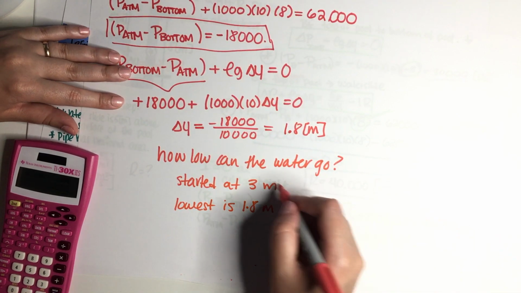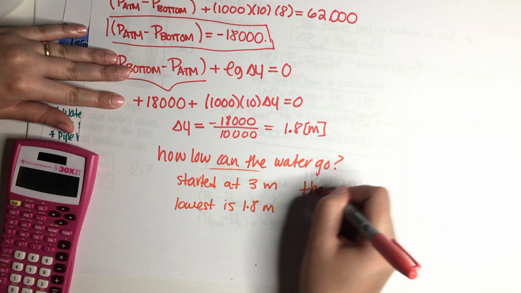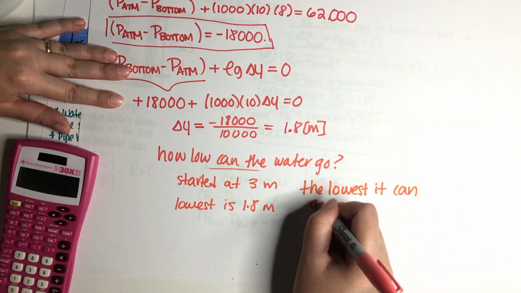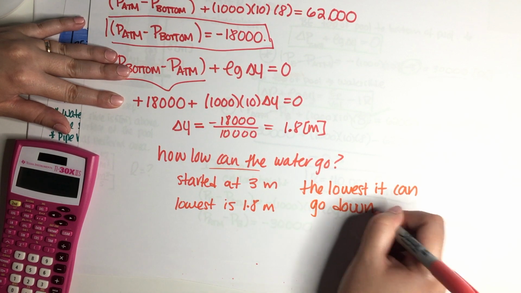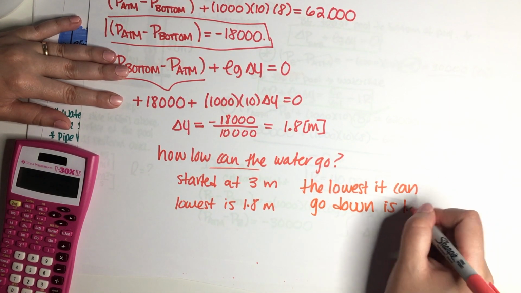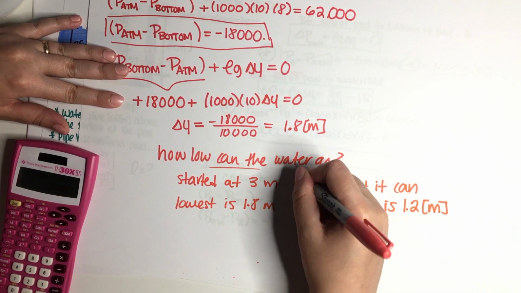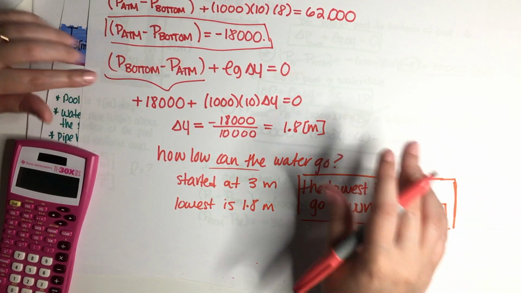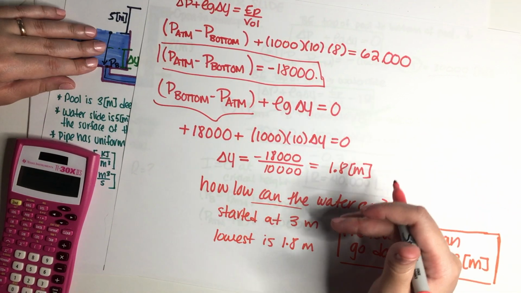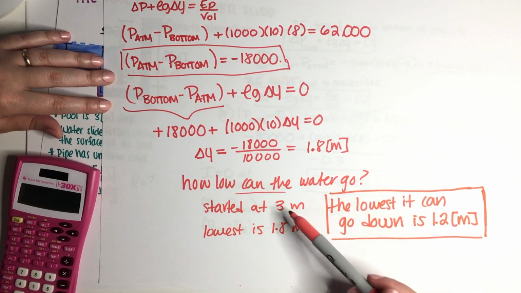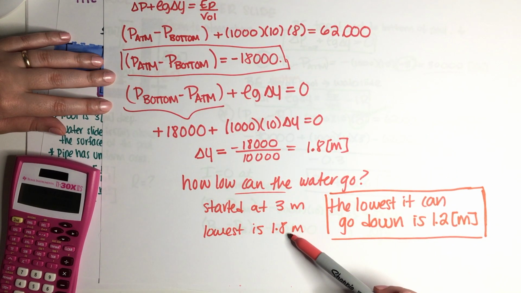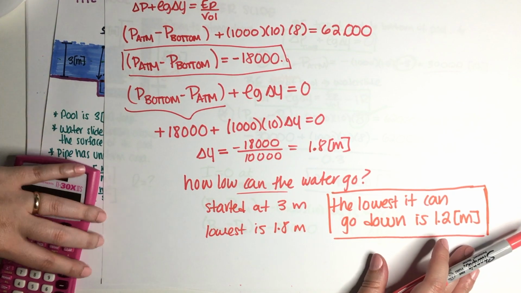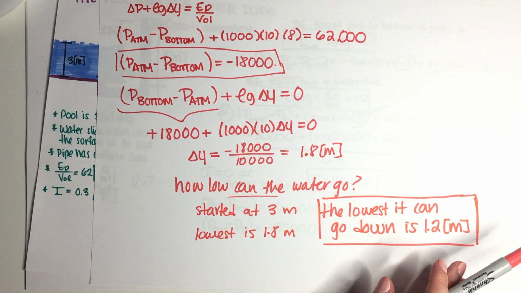So basically the lowest it can go down is 1.2 meters. Final answer. Just because they weren't asking what is the new height of the pool, they were asking how low it can go. So if it can go down to 1.8 meters, then that means that it went down 1.2 meters because the original height was equal to 3. So that would be the final answer for that.